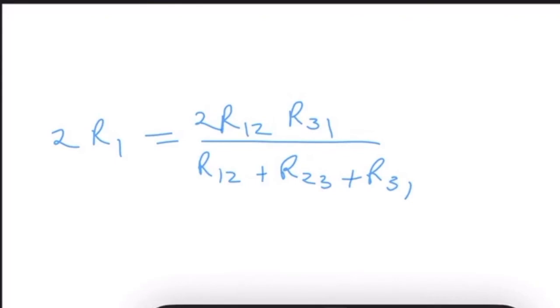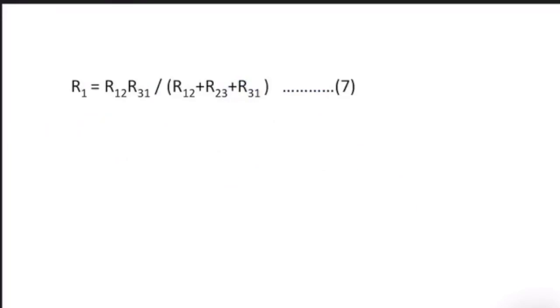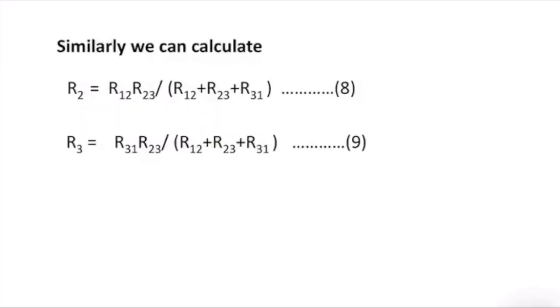This 2 will get cancelled out, and finally we will get R1 is equal to R12 R31 divided by R12 plus R23 plus R31. So this is equation number 7.